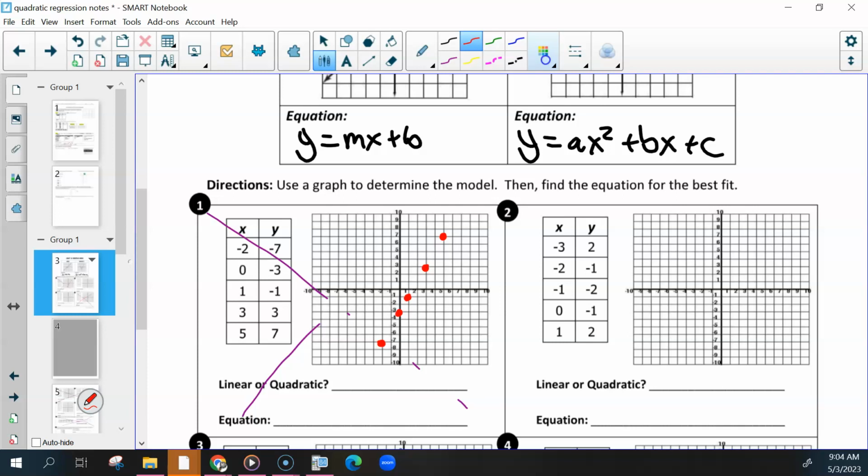On the graph, we can clearly see this is going to be a line. It's going to be linear. But in your table, you could also look at your x values keep going up and your y values keep going up. It's not going up and coming back down, because that's what a quadratic would do.